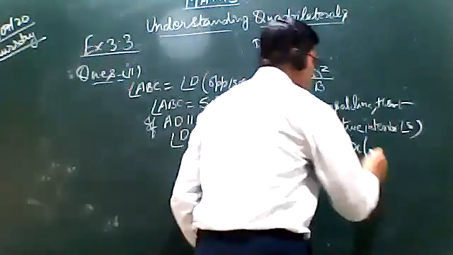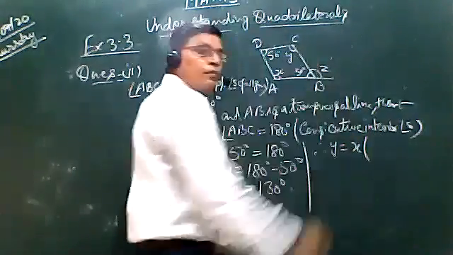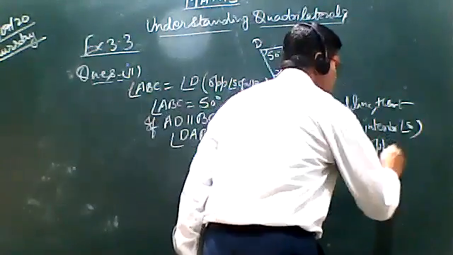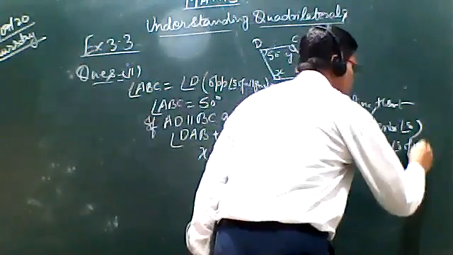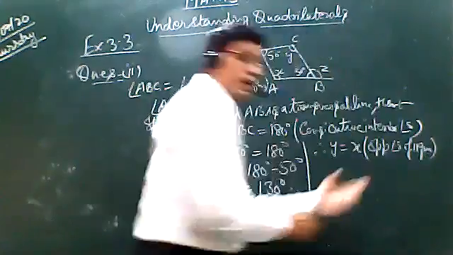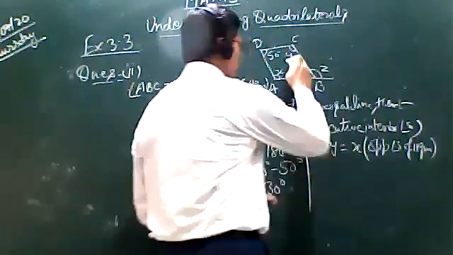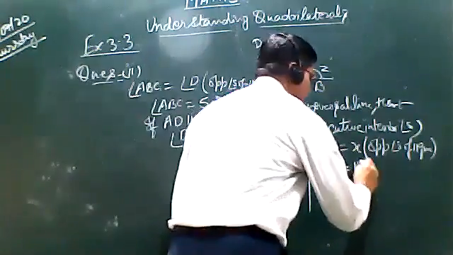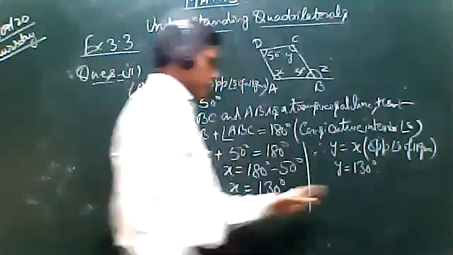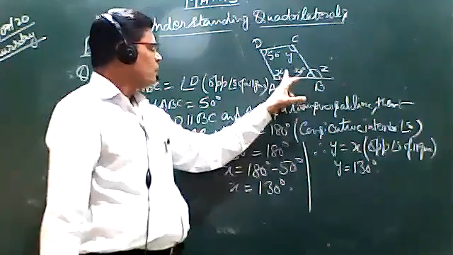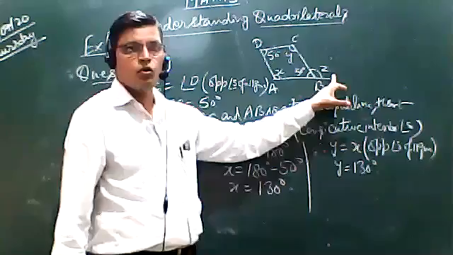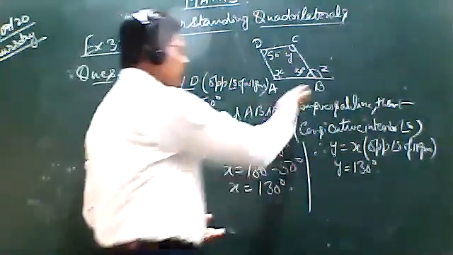Because opposite angles of a parallelogram are equal, and therefore Y is equal to the value of X, 130. We write 130, and that is my first, second, and now we find the third unknown value Z.